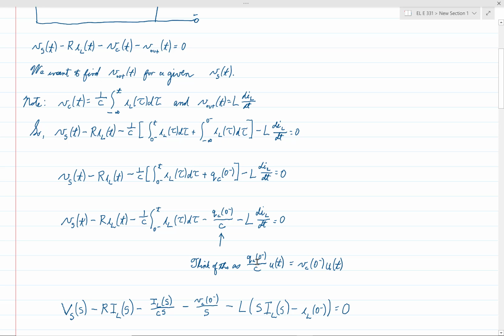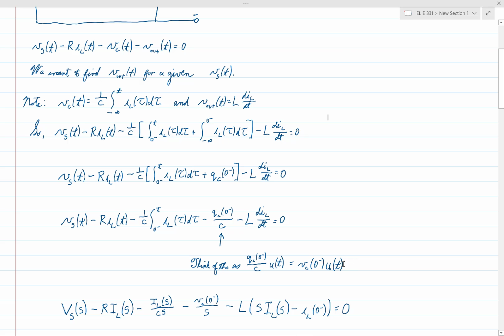And furthermore, the charge on the capacitor divided by the capacitance is the voltage. So really you can think of this as VC of 0 minus. In other words, that's the initial voltage across the capacitor just before t equals 0.